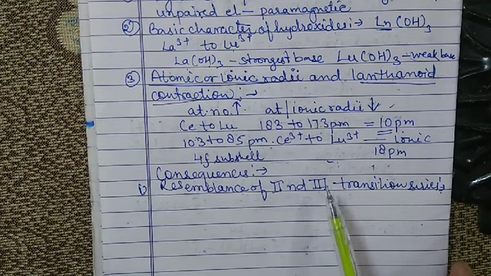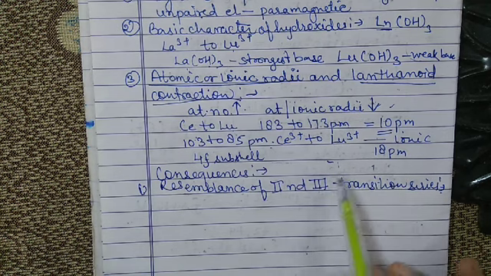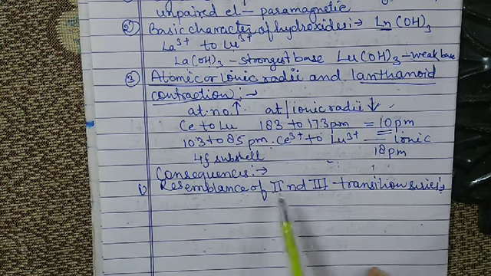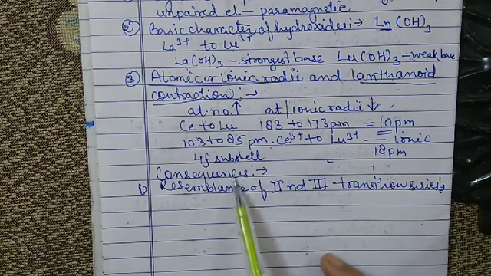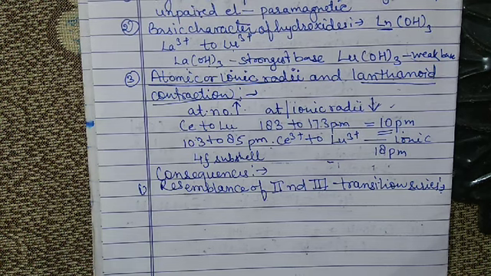As a result of the lanthanoid contraction, the elements of the second and third transition series resemble each other much more than the elements of the first and second transition series.